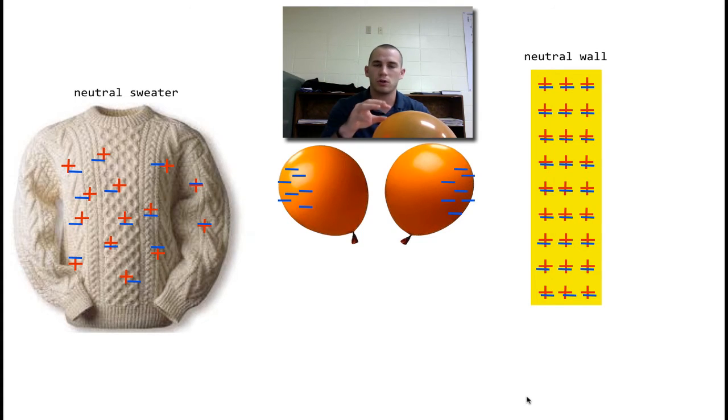Even though we have more negative charges on the balloon and more positive charges on my hair, if we added up the total positives and negatives of the balloon and my hair, we would still have an equal number. That's the conservation part of that law.